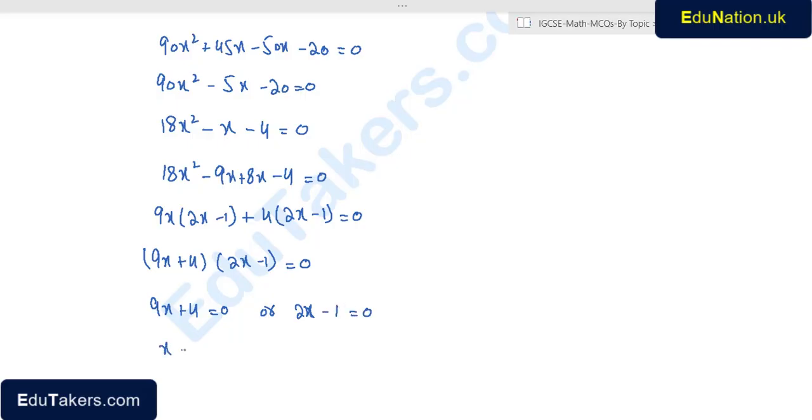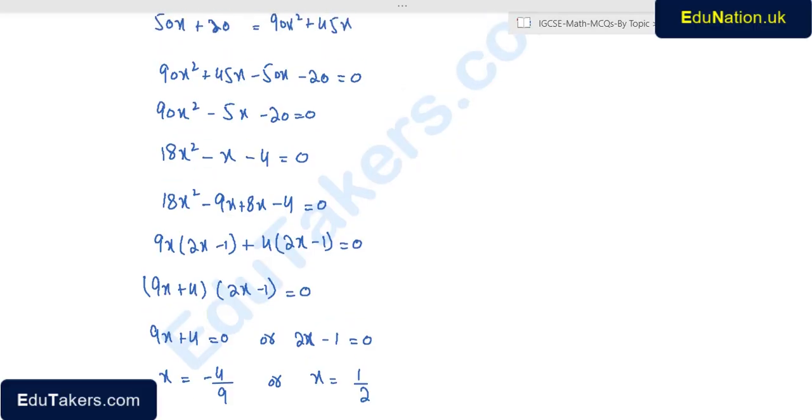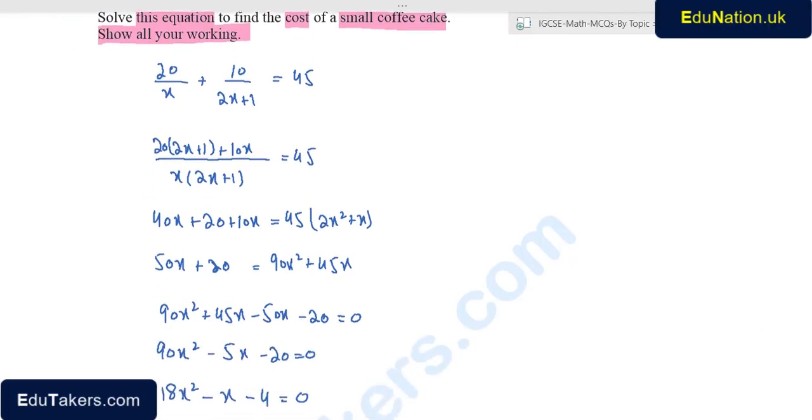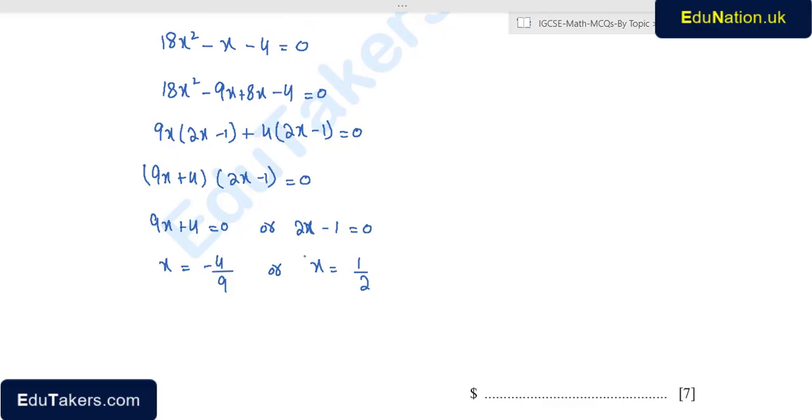From this, x is minus 4 over 9, and from this, x is 1 over 2. We have to find the cost of a small coffee cake, so x equals 1 over 2, the positive root, and this can be written as 0.5. So $0.5.